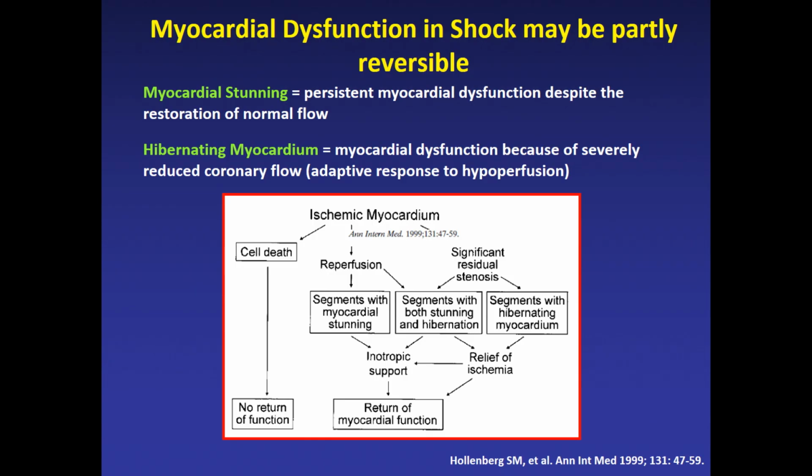Myocardial stunning is persistent dysfunction despite restoration of flow, and hibernating myocardium is myocardium that's essentially metabolically active but underperfused, so myocardial dysfunction in the context of severely reduced flow. And in both cases, maintenance of perfusion and adequate hemodynamic support may allow time for recovery of myocardial function. This has girded the rationale for aggressive strategies for revascularization and mechanical support to provide time for resolution of shock.